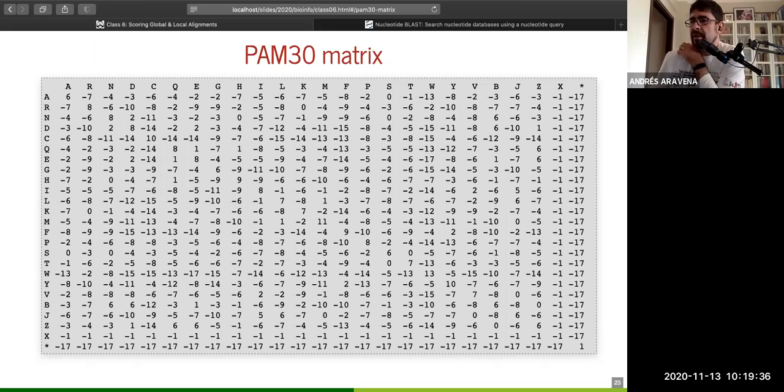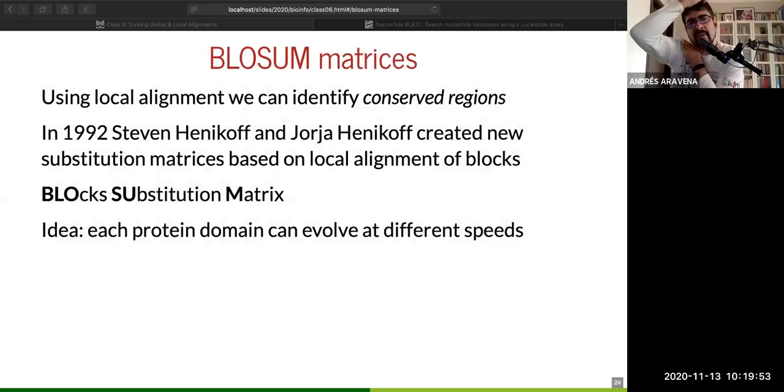there are people who say, with good reason, that these are not necessarily the best ideas, because essentially what Dayhoff was doing was global alignment of proteins, and therefore you can only see proteins that are very, very similar. So in 1992, there was a couple, if I'm not wrong, Henikoff.